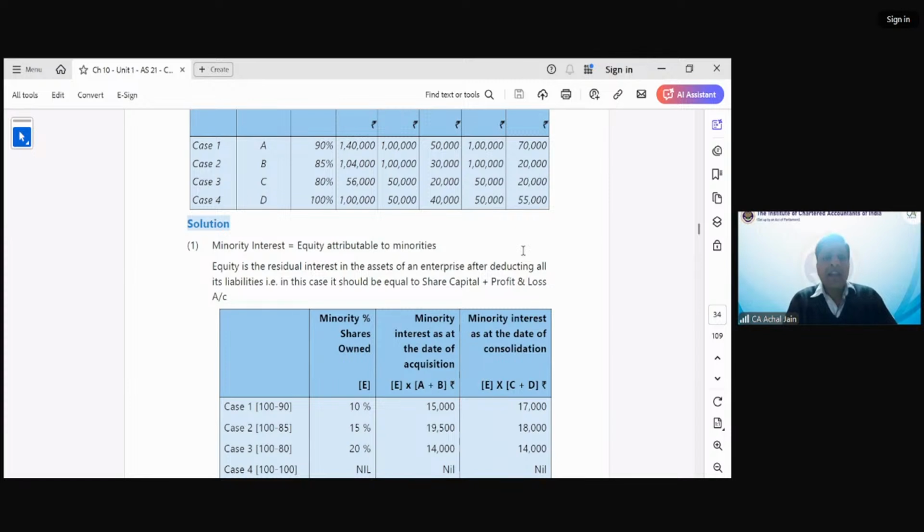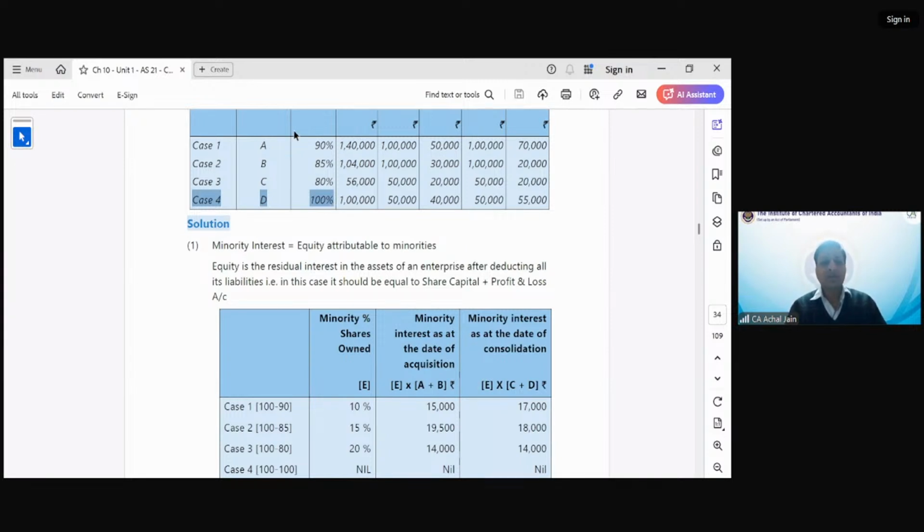Now, let's look at case 4 first. Yeah, because this seems to be interesting. In case number 4, if you talk about subsidiary company, what is the percentage of minority? Tell me.